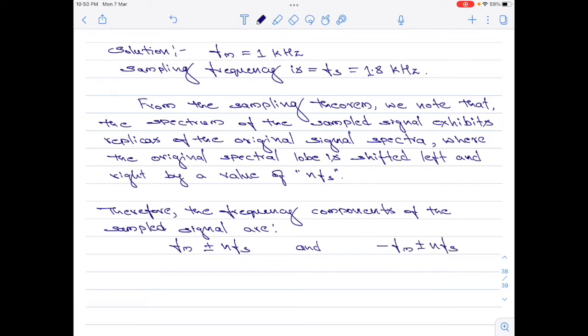Now, having identified the frequency components of the sampled signal, let us now substitute values for n ranging from 0, 1, 2, etc. and find the new frequency components. For example, for n is equal to 0, this part will become Fm plus or minus 0 and this will be minus Fm plus or minus 0.